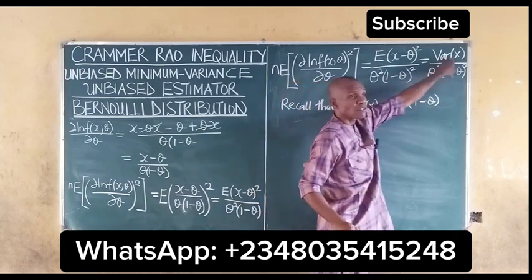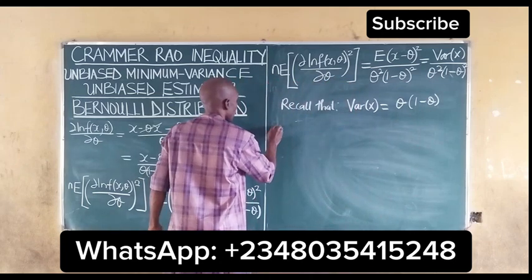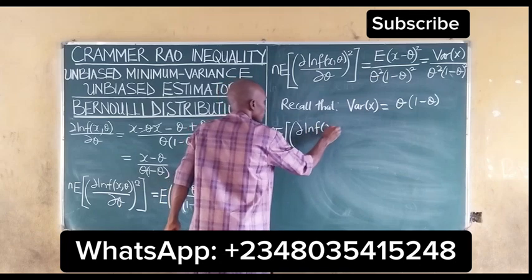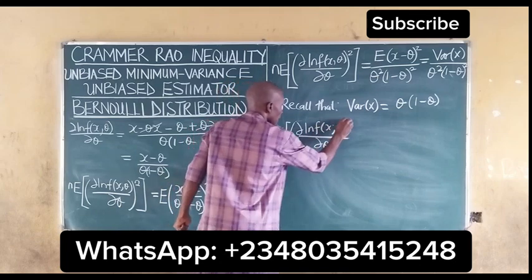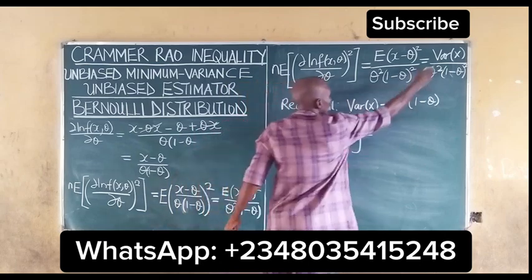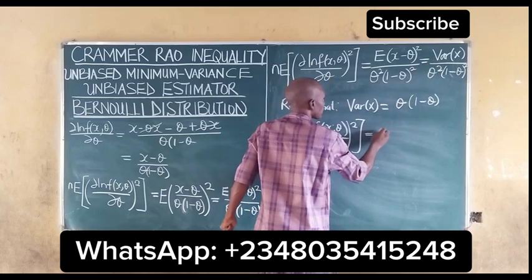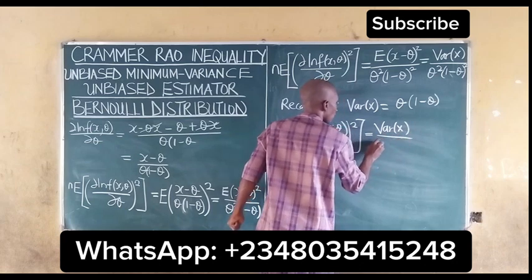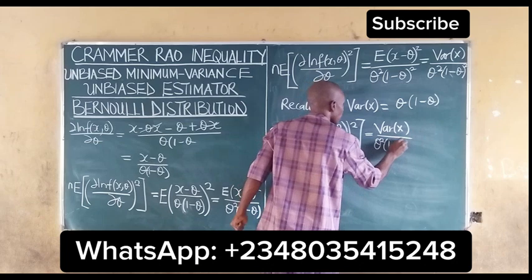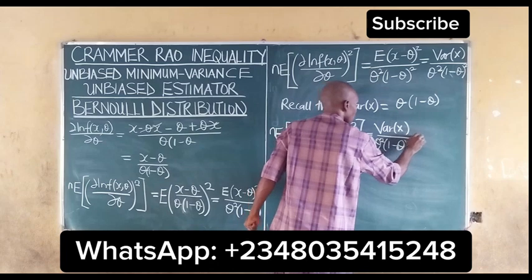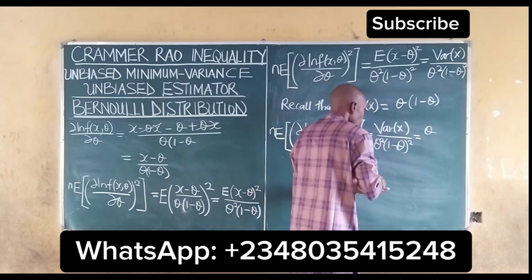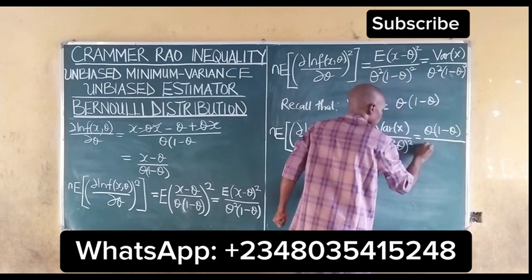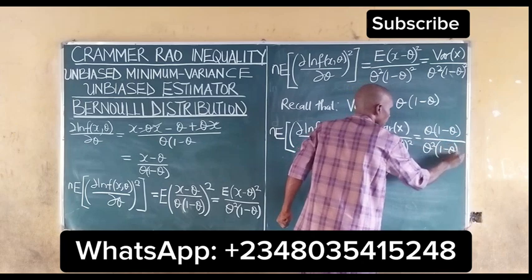So if we impute this in place of this, we get n into the expectation of the derivative of the log of our function all over theta, squared, equal to the variance of x all over theta squared into 1 minus theta all squared, which is the same thing as theta into 1 minus theta all over theta squared into 1 minus theta squared.